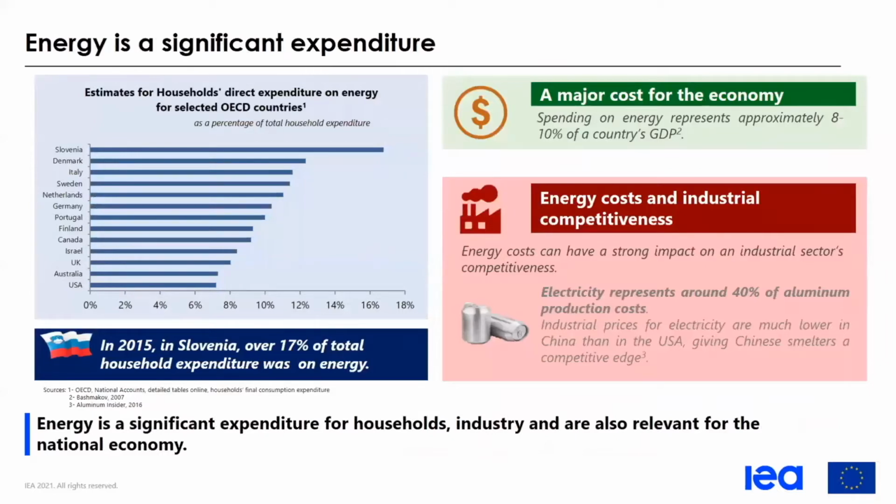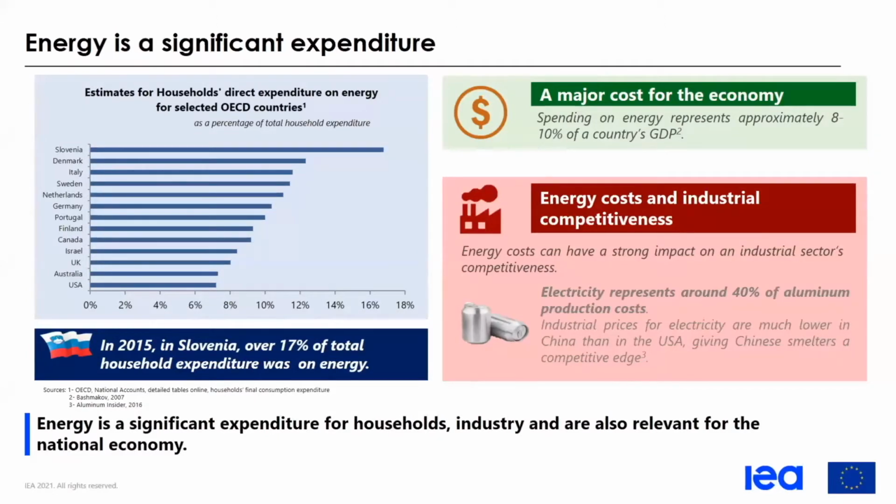Tracking energy prices is important also because they represent a significant share of our daily expenditures. For households, for example, the direct expenditure on energy might represent up to 17% of household spending. The same can be applied to industry. Industry competitiveness is greatly affected by energy costs.